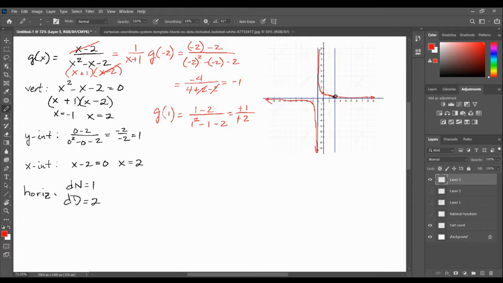It's going to look just like the red graph there, except we know that x can't equal 2, and so there would be a hole. And so when you have a factor that's common, go ahead and cancel those out and graph the rest of it. But never forget that what you canceled out will put a hole in your graph.